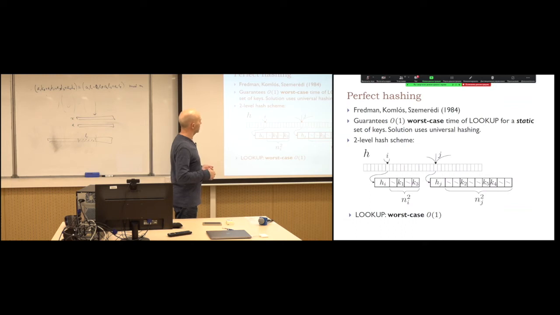We pick a hash function. We hash our keys to a hash table in the usual way, and then for those buckets which received several keys, we construct another hash table, and the size of this other hash table is quadratic with respect to the number of keys hashed to this bucket.